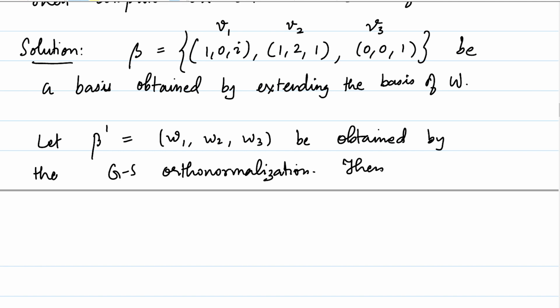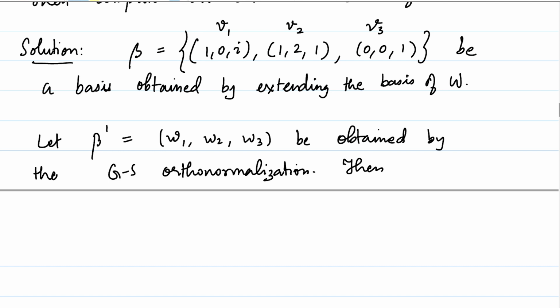Then what do we know? We know that span of V1, V2 is the span of W1, W2, and therefore that will be a basis of W, and W3 will be a basis of the orthogonal complement of W.